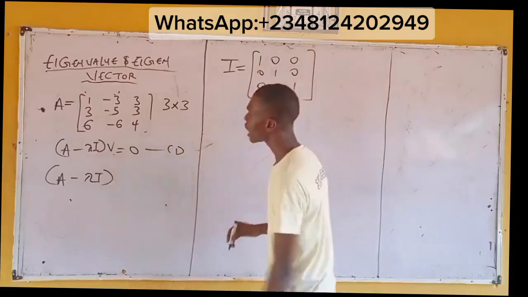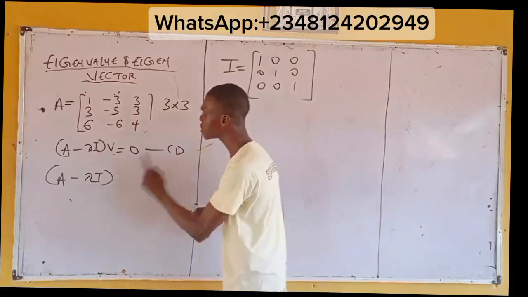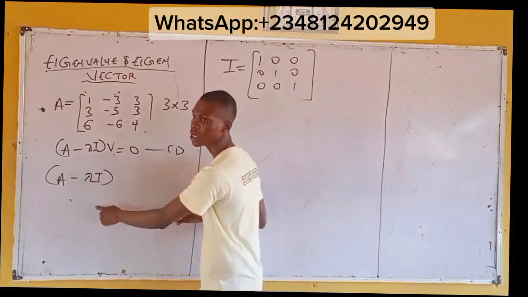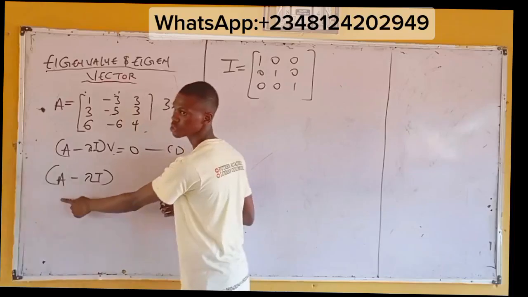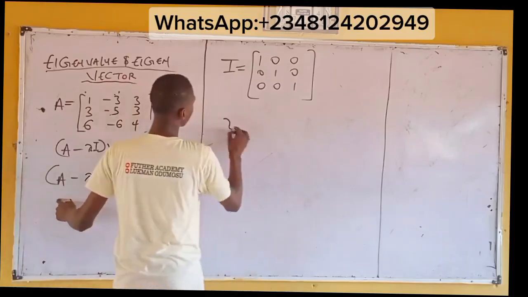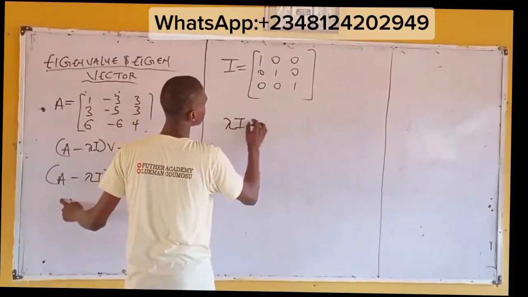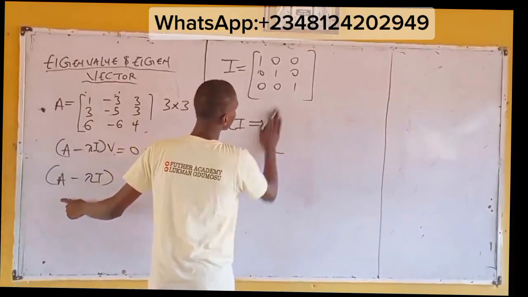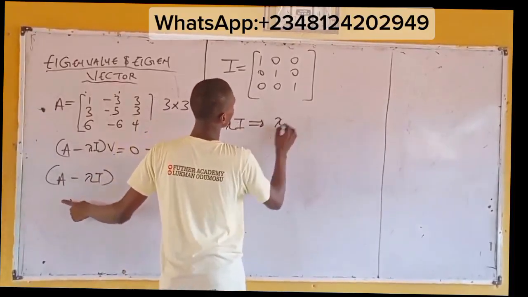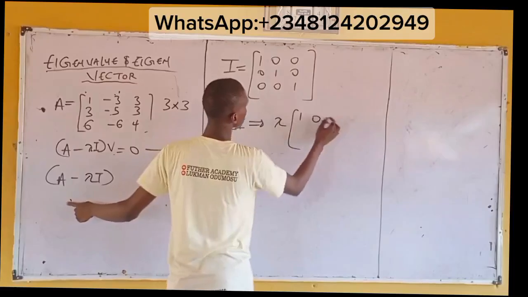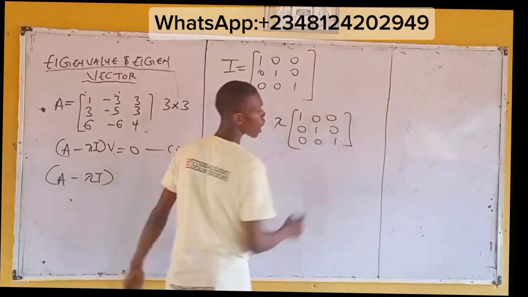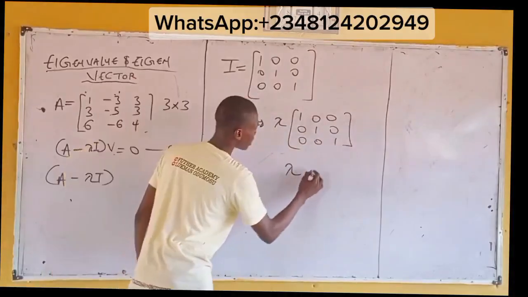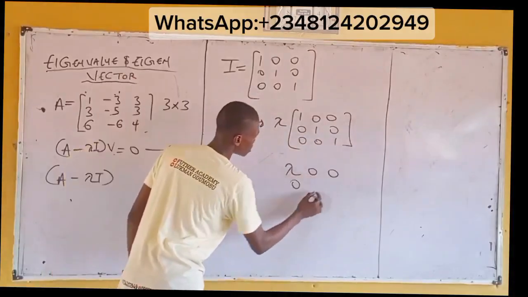Right? Now let's compute the value of this. Lambda times the identity matrix is subtracted from the given matrix. So lambda multiplied by I implies lambda into bracket 1, 0, 0, 0, 1, 0, 0, 0, 1. What becomes what? Lambda 0, 0, 0, lambda.